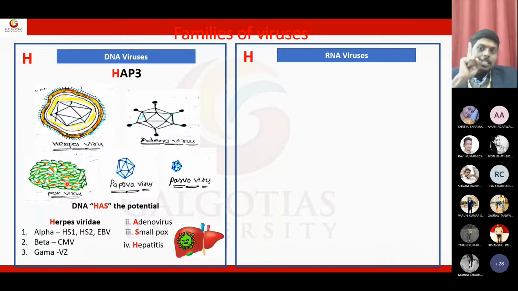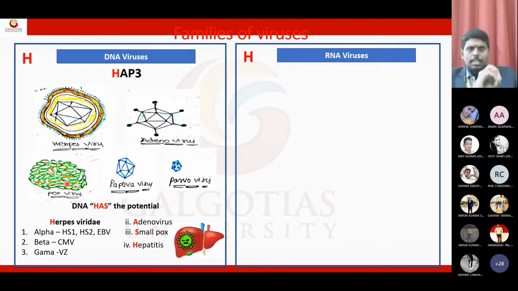Hepatitis A and hepatitis C are RNA viruses. Keep that in mind. So these are the few important DNA viruses. Maybe we will study two or three viruses in detail. Even though the syllabus doesn't mention individual viruses, we still have to study them.